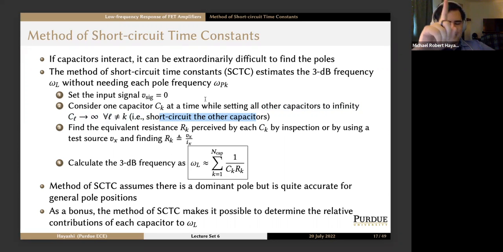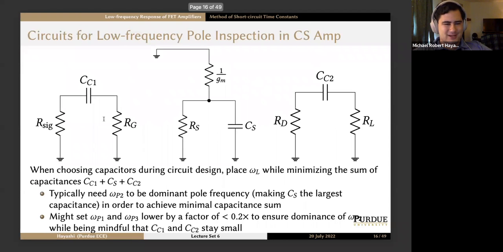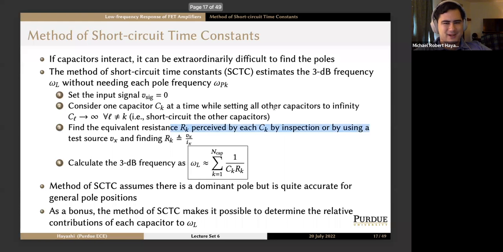All the other capacitors get replaced with short circuits for the time being. Then we find the equivalent resistance perceived by C sub k by inspection, as we did right here, or by using a test source V sub x and finding R sub k equal to V sub x over I sub x, where Ix is the current that would flow through that test source.